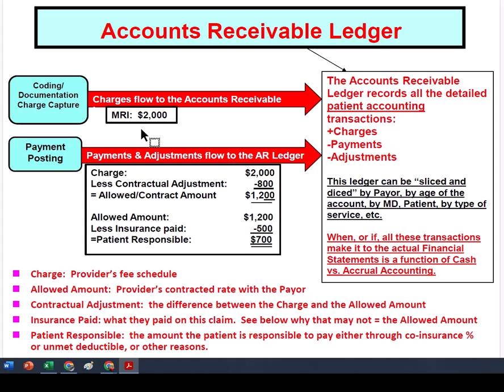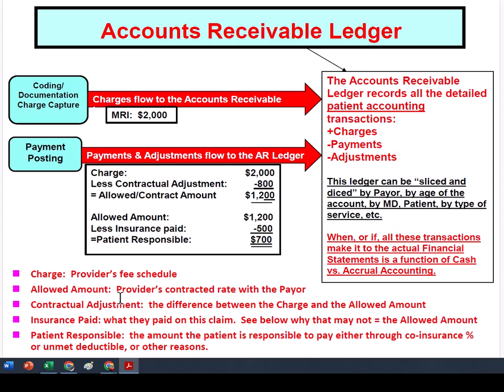It may go into the ledger at $2,000, which is the charge, or it may go into the ledger at $1,200, which is what you expect to get paid based on the sophistication of your system. We'll talk more about that in a second. But basically, these are the terms that you should know because you will likely hear these often if you have anything to do with accounts receivable.